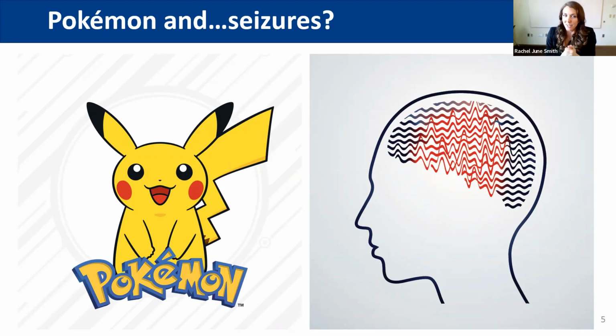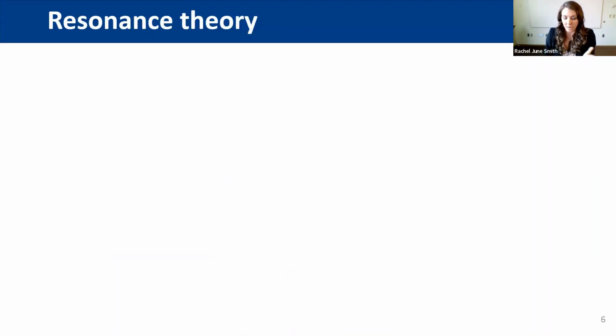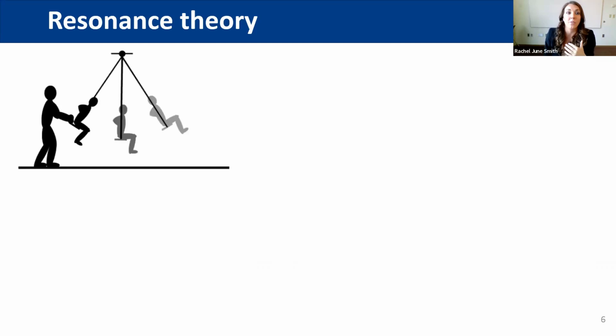So as an electrical engineer, I can think about this in a sense of resonance, right? Resonance is this idea that you can have a system that, if you push it at exactly the right frequency, you can magnify the output of the oscillations that come out of your system. We can think about this as an example of pushing a child on a swing, right?